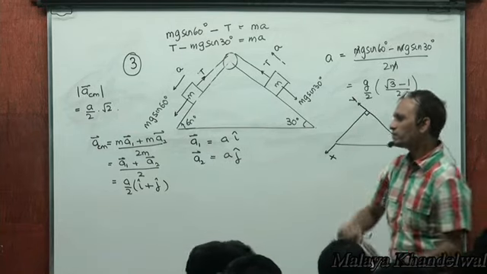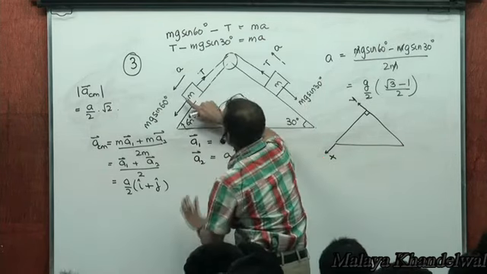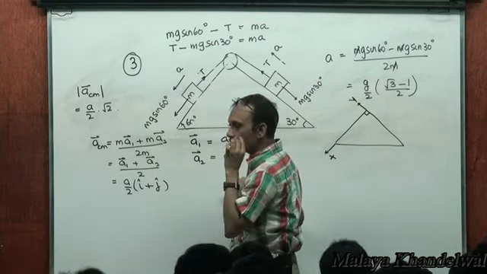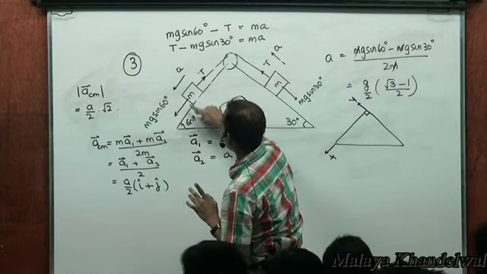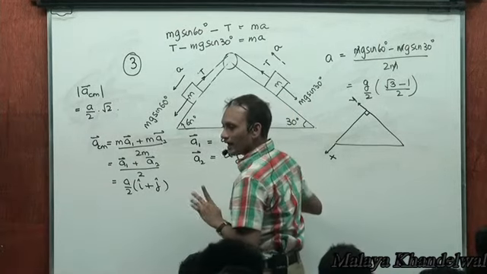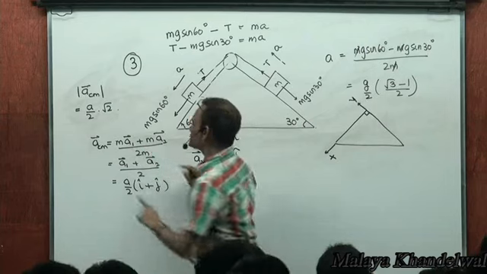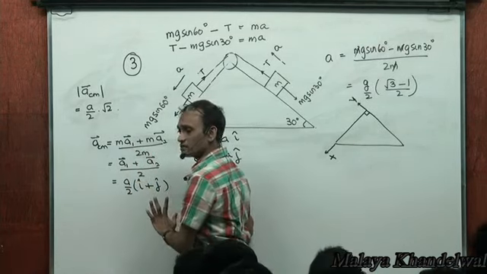Confused? Where? The calculation of a was understood. Now the acceleration of this vectorially would be a into i cap, and of this a into j cap. So the acceleration of the center of mass is m1 a1 plus m2 a2 by m1 plus m2, which gives me this.